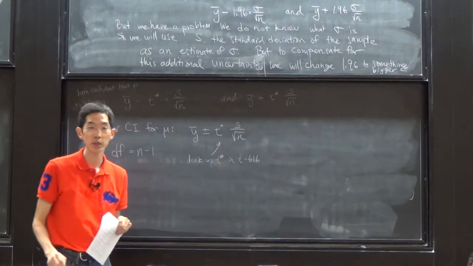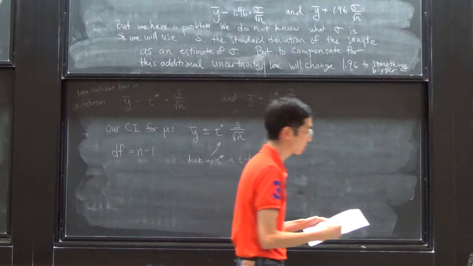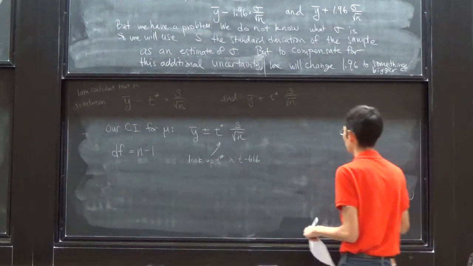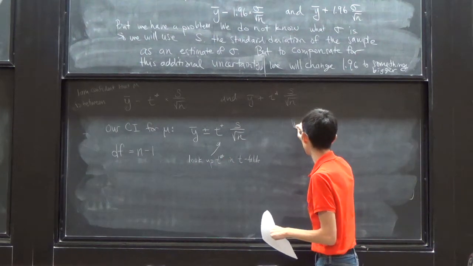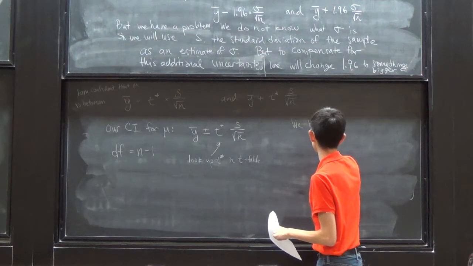Okay, so let's try making a confidence interval. Let's say we take a random sample of 10 people.